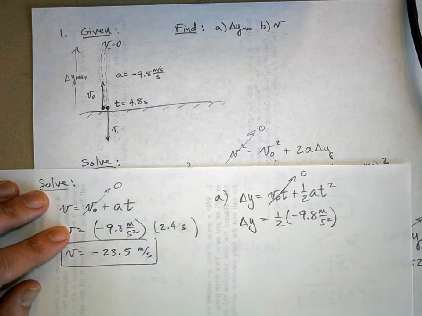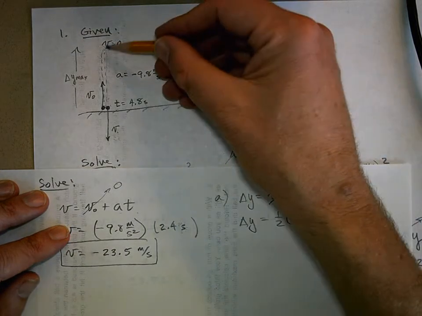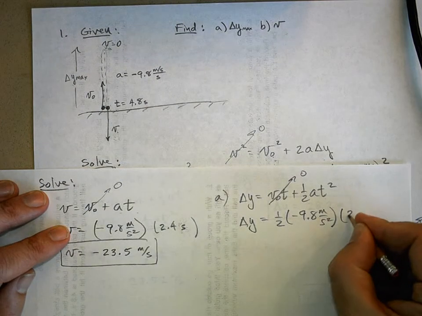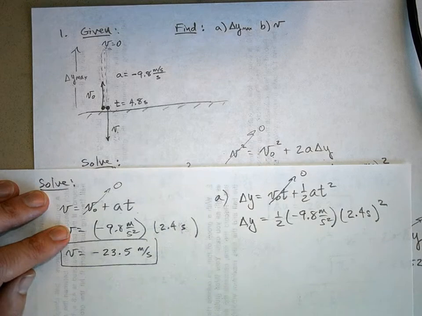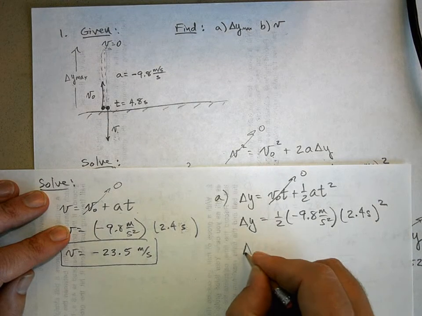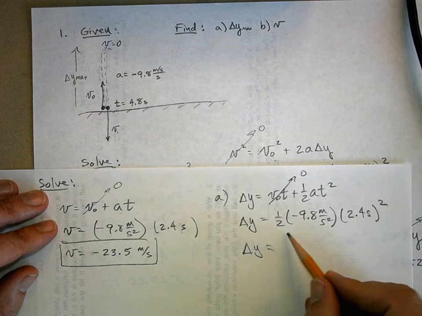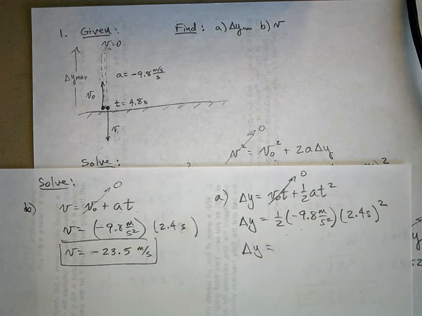But what time do we use? If I'm going from here to here, 2.4, and I've got to square it. Now somebody with a calculator right now, give me the answer for this. 1/2 times negative 9.8 times 2.4 squared. 28.2.